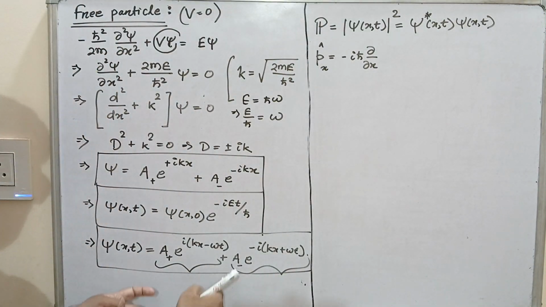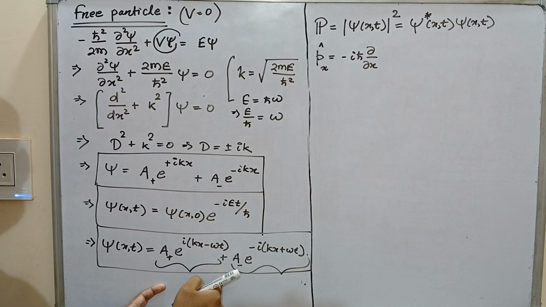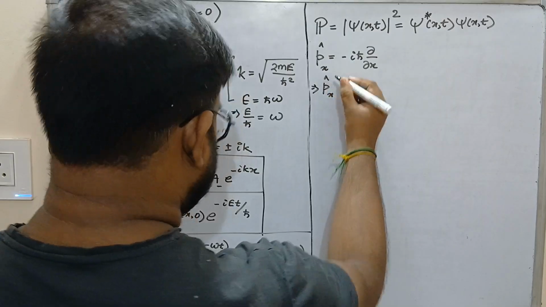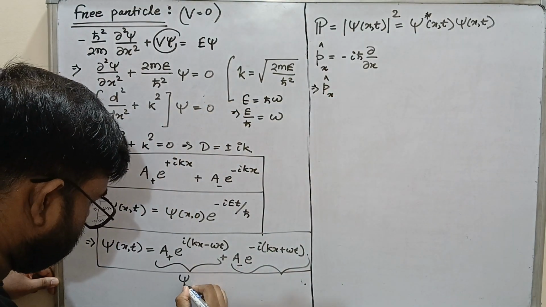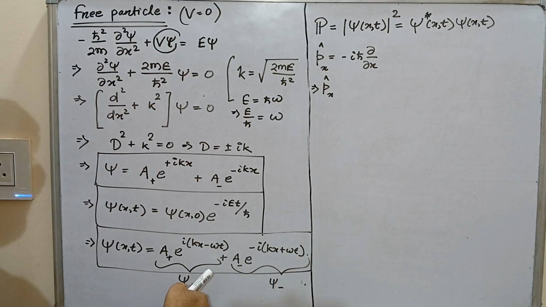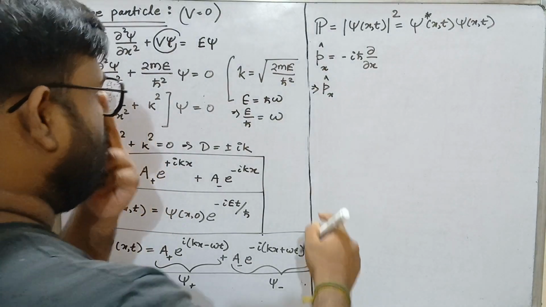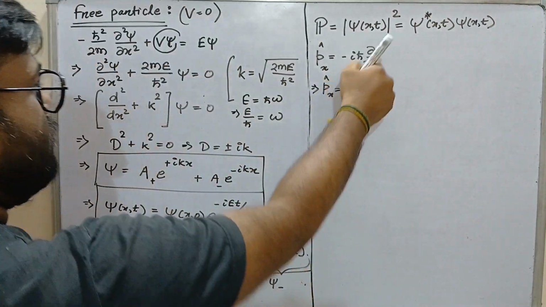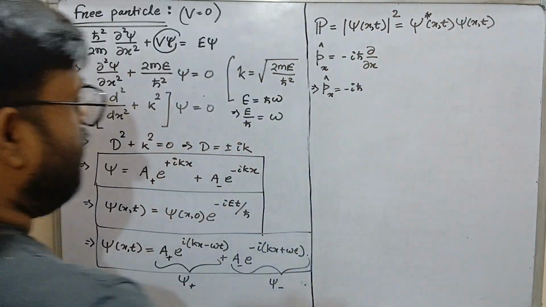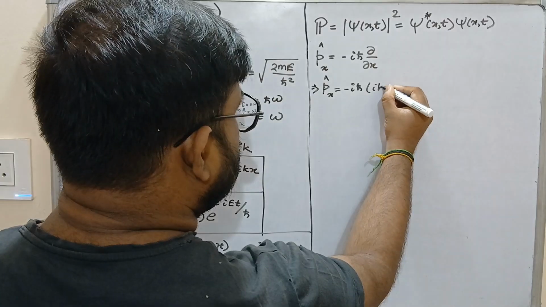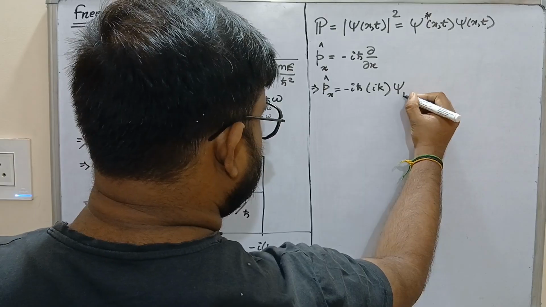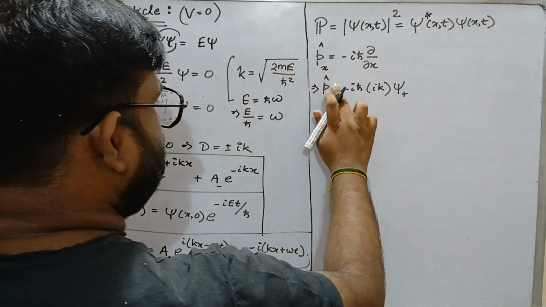Now when you operate minus i h bar del by del x on this function, this is called our psi plus, this is called psi minus. You will know now why I use plus and minus here. Look, if you put this operator on this function, what will it give? It will give us h bar k, and the function is, let's say, psi plus. Okay, I should have written it this way.